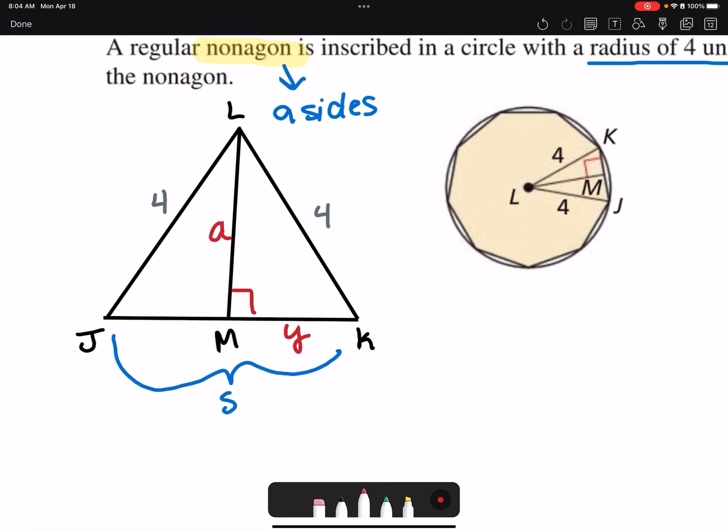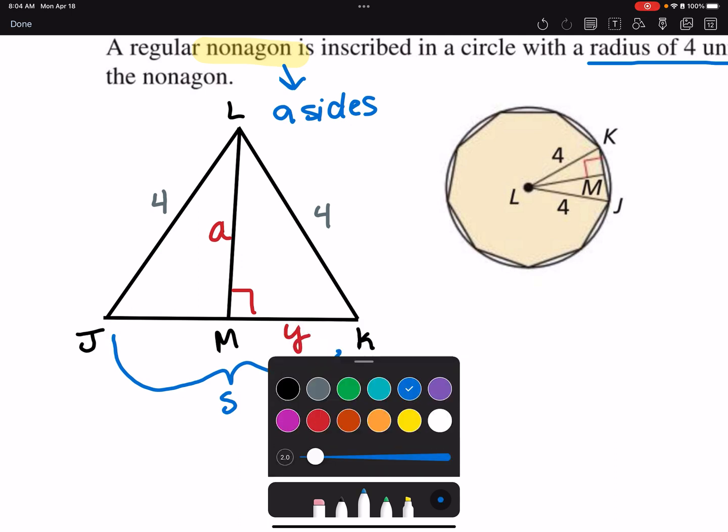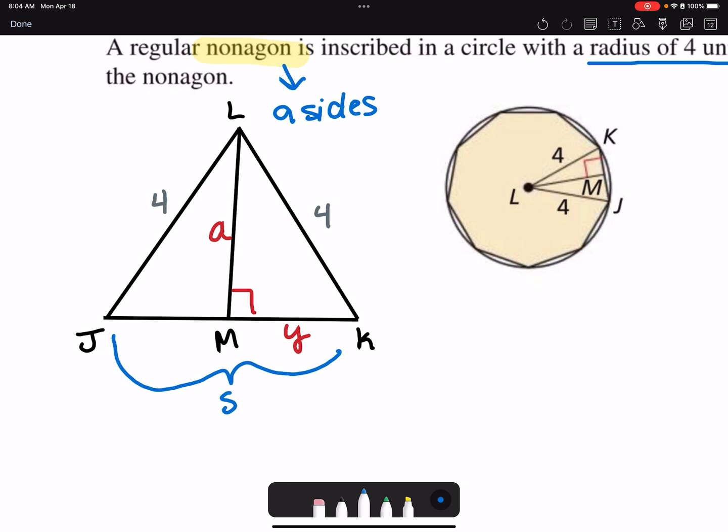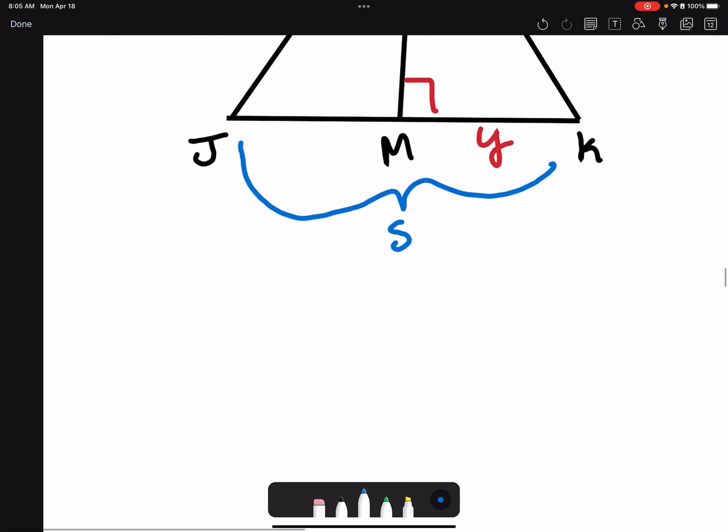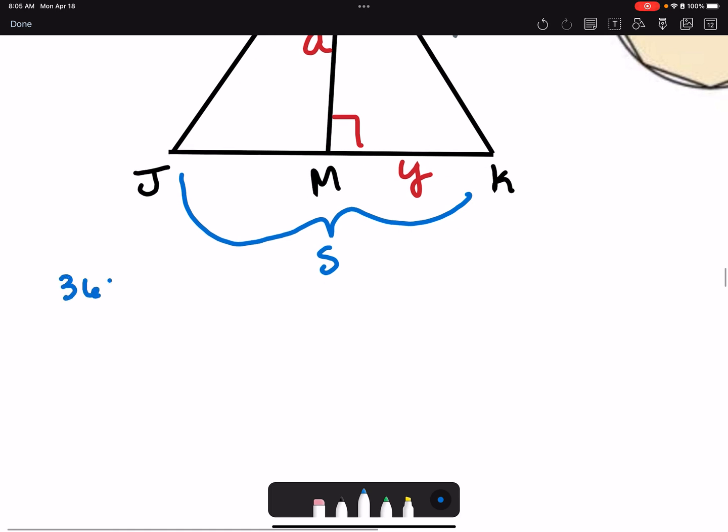If I want to find my apothem, I have set up here a right triangle. Now it's not a special right triangle because a nonagon, when you determine the interior angles of that nonagon, is not going to equal 30 or 60 or 45. So what I first have to do is I have 9 sides. If I have a circle of 360, I'm going to divide that by 9 to figure out what all of my central angles would be.